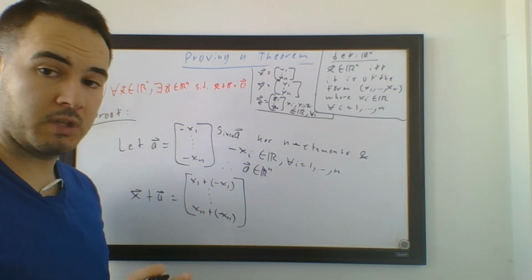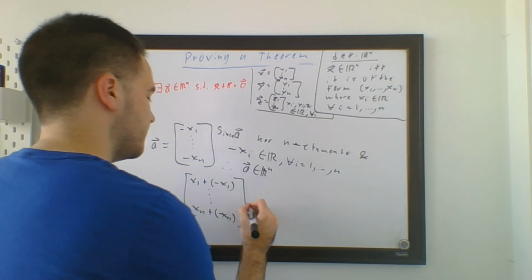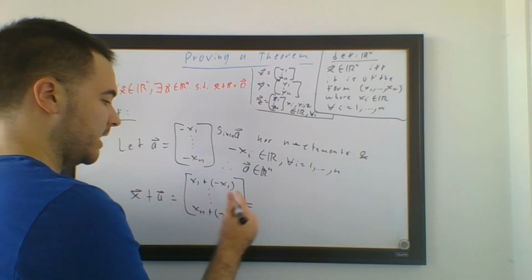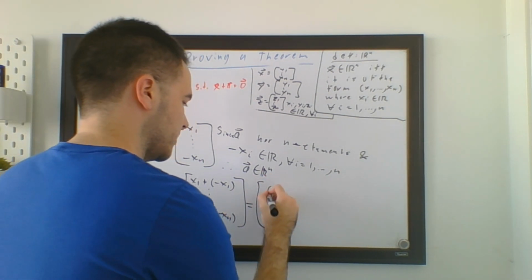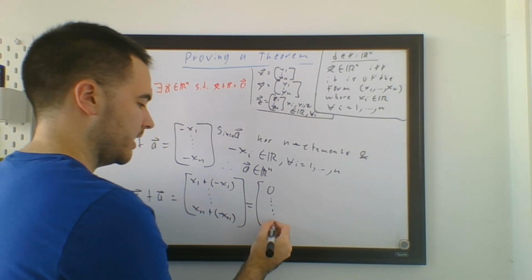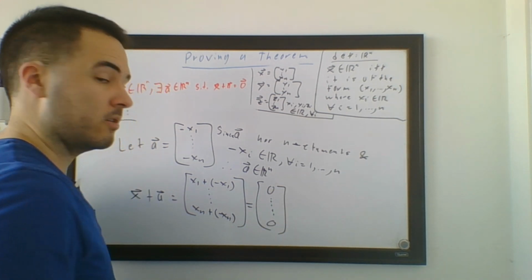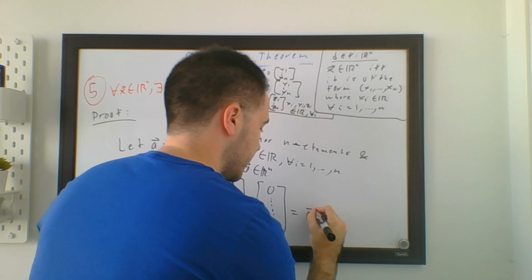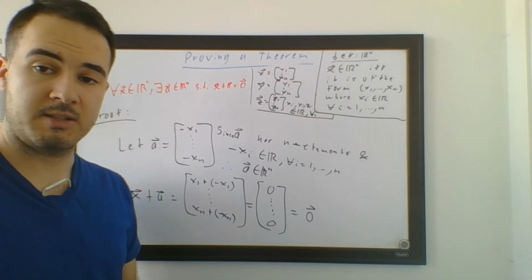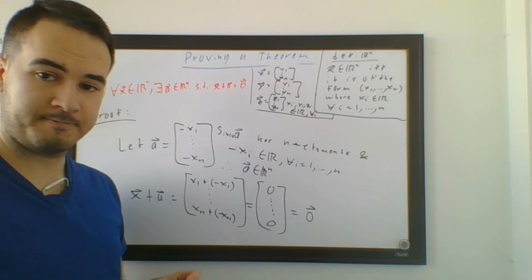We're allowed to just do this freely without any further explanation. So x1 plus minus x1 is technically x1 minus x1, so we get 0. Similarly for xn and all the others. And since each of these are 0, as we defined in statement 4, that is our 0 vector.